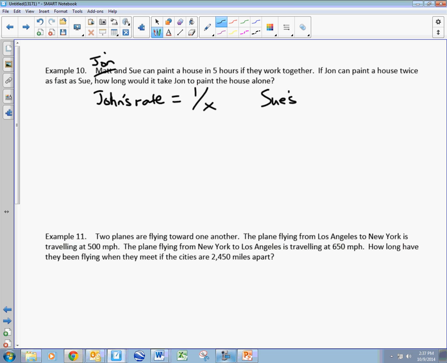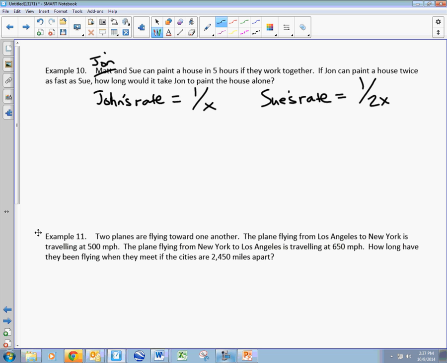So what would Sue's rate be? One house in 2x hours. If it takes her twice as long, we would need double the hours below there, right? So if it took John 10 hours, it would take Sue 20 hours.